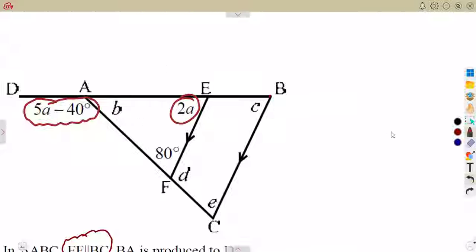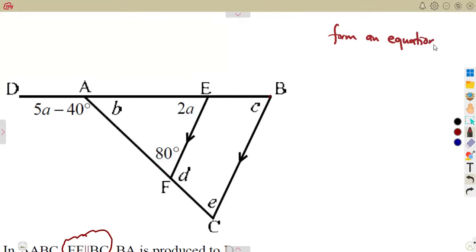Because in order for you to obtain any value from the diagram, you must form an equation. You must have an equation that you are going to use. Remember, an equation is the one that you solve for a certain value. Meaning to say, if it is A, you solve for A. If it is X, you solve for X. So you must have an equation that you are going to solve.